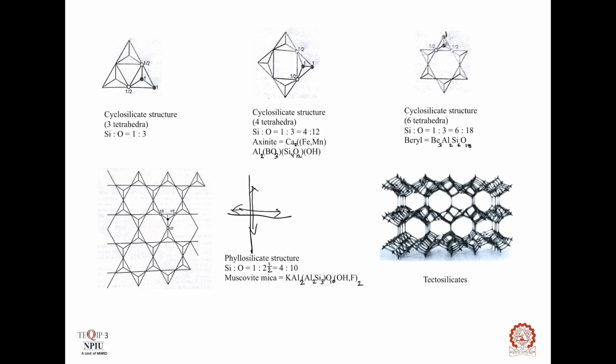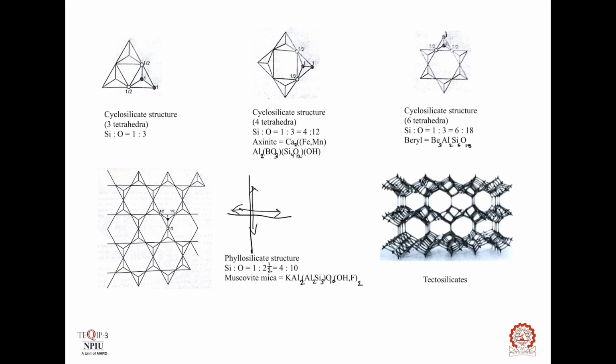See here, consider 1 unit of the silicate tetrahedron. Here 3 oxygen atoms are shared between the silicate tetrahedron units. That's why for one silicon atom there will be half, half, half, and 1 oxygen atom, meaning a total of 2 and a half oxygen atoms. That's why the ratio is 1:2.5, or we can represent this ratio as 4:10. The example is muscovite mica.